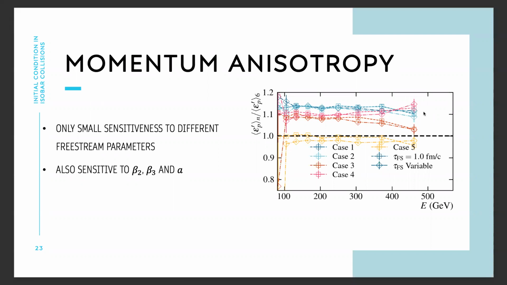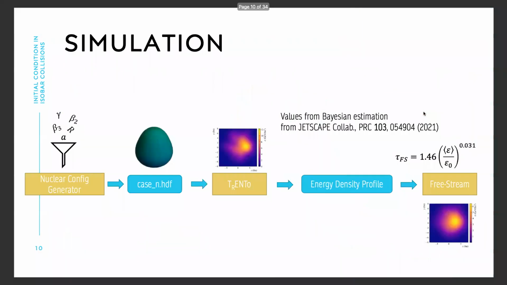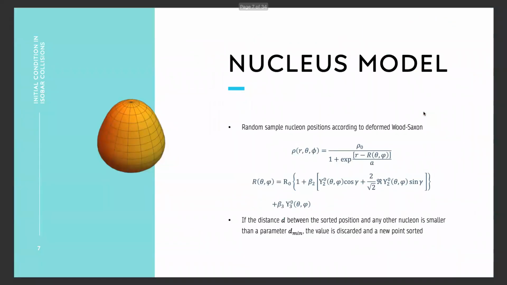There's a question, Fuqiang. Go ahead. Yes, hi. I have a very technical question. At the beginning, you said when you prepare the nucleus, you require a minimum distance between the nucleons to take into account the hard core potential.